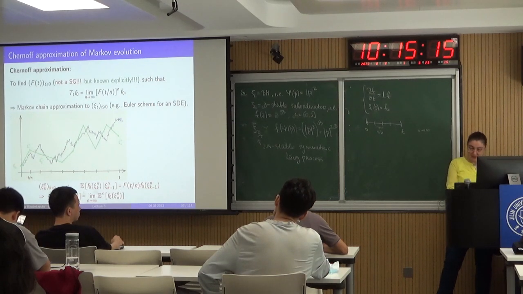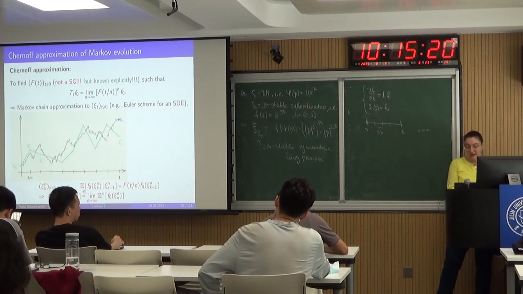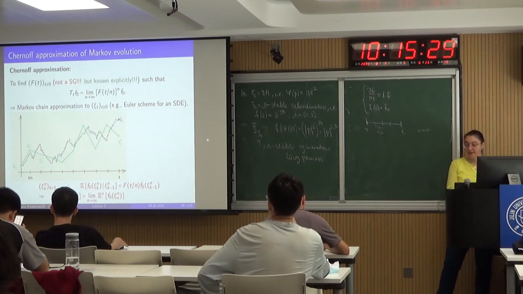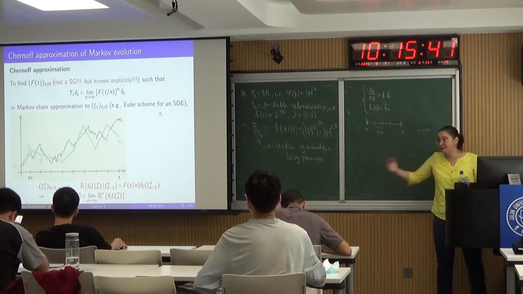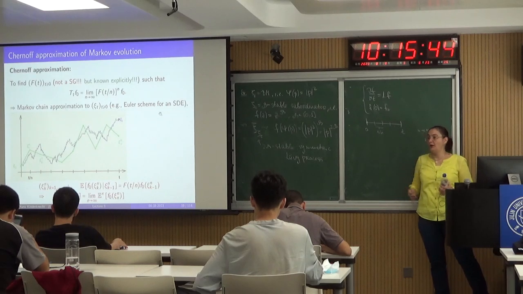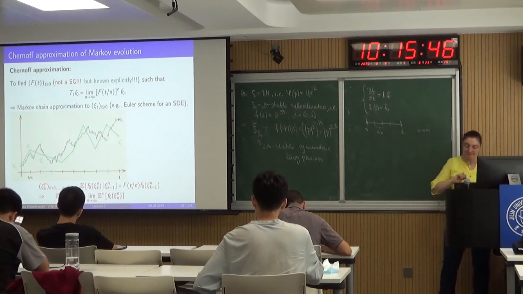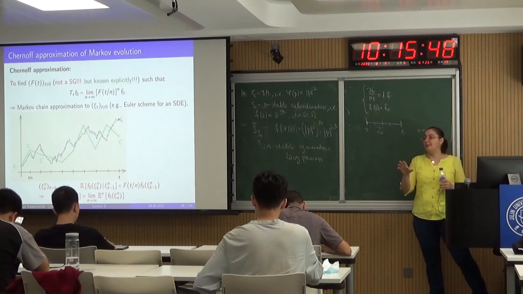So if my family F of t is such that we have something like this, then roughly speaking, we have a Markov chain approximating my Markov process. And moreover, if this Markov process is a solution of a stochastic differential equation, then this Markov chain approximation is nothing else but the Euler scheme for the SDE. Again, Euler scheme, but for an SDE. Everything will be clarified by examples.